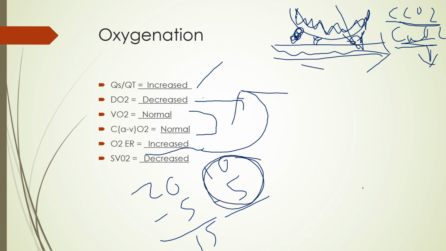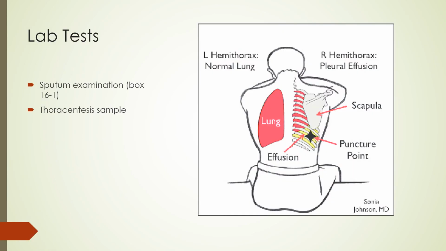So my O2ER might be increased in this example here that I just drew on the screen. So I have an increased gradient, but nothing changed with my metabolic requirements. I still am requiring the same amount, but I'm taking out more of what I got overall. So remember, the O2ER is increased because the DO2 is decreased, and your venous saturation is going to be lower because we have an increased O2ER.